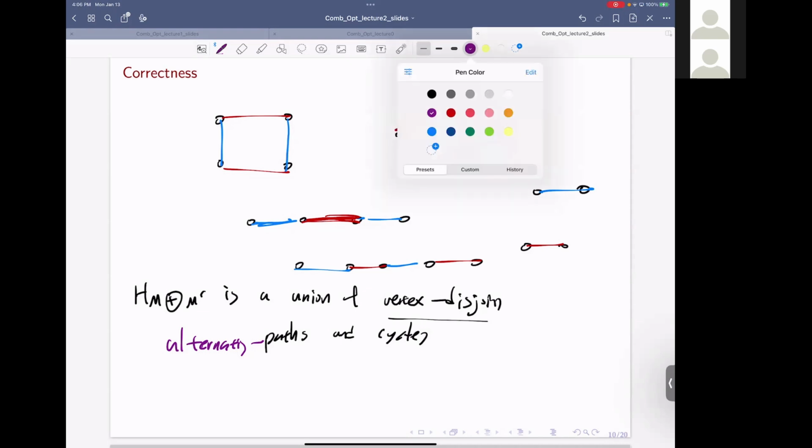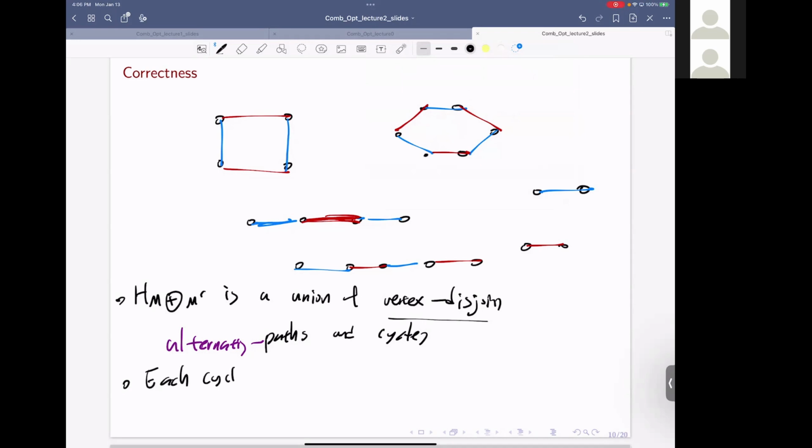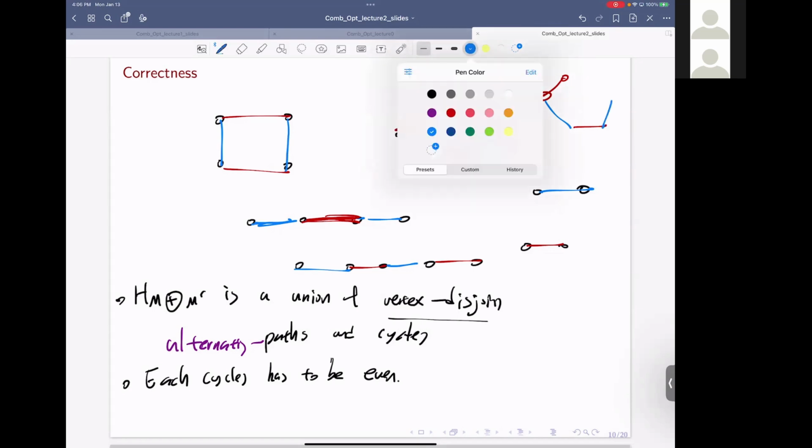But another thing is that each cycle, can it be odd? You have to have an alternating structure. It cannot be an odd cycle. It has to be an even cycle. Again, by a simple argument, if you have red, blue, red, and let's say blue, and it's a cycle of length 5, you must have an edge with red at the end later, and this cannot give you an alternating cycle structure.